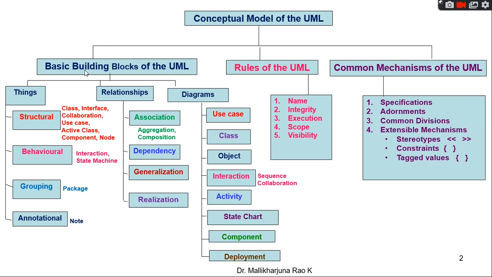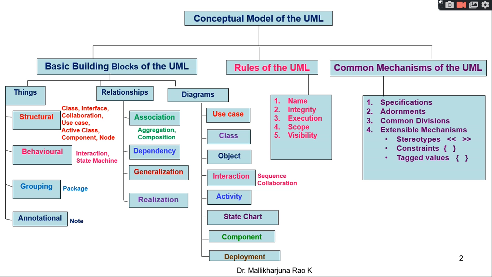In that process, the first element called things is further classified into four major types: structural things, behavioral things, grouping things, and notational things. Coming to the first one, structural things.